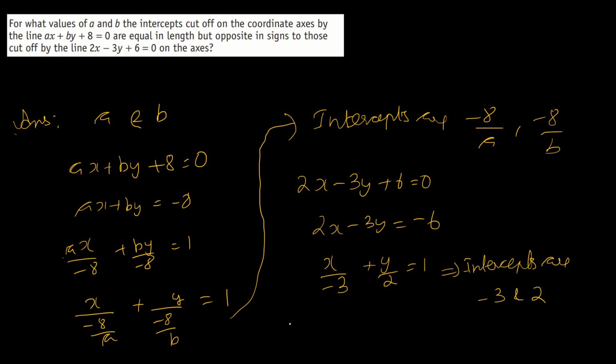According to the question, they are equal in length but opposite in sign, which means that -8/a = 3. Why am I not writing -3?